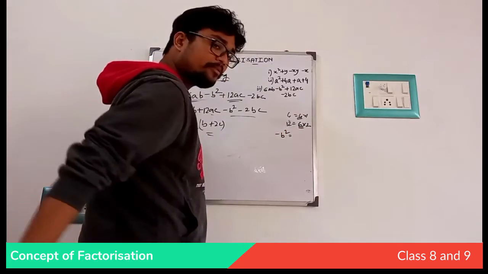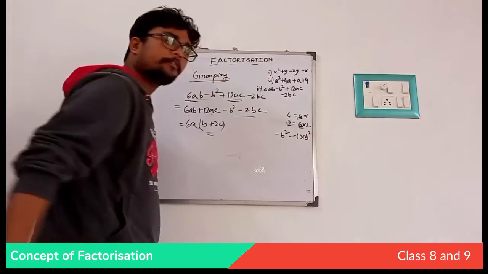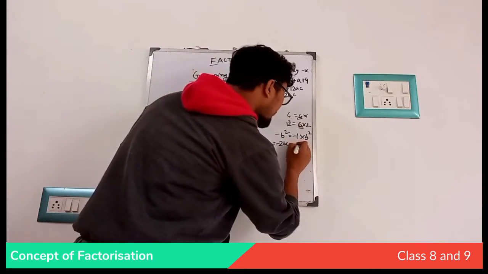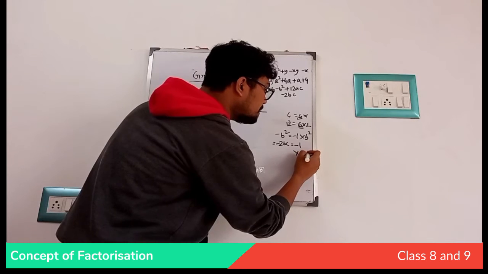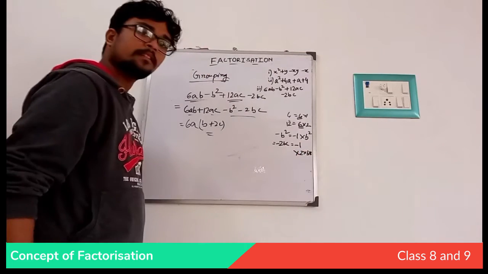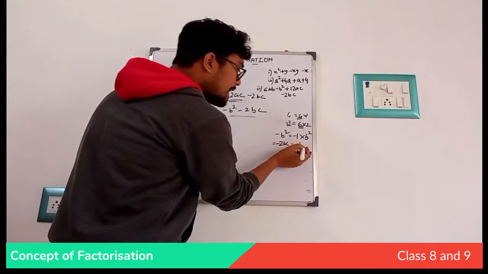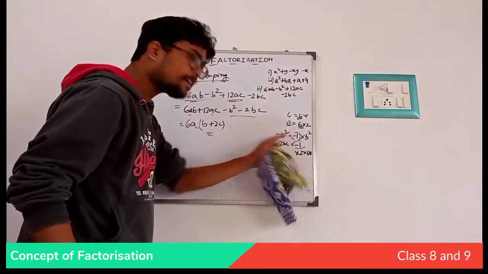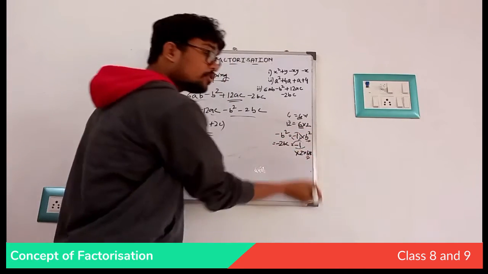Minus b square can be written as minus 1 into b square, and minus 2bc can be written as minus 1 into 2 into b into c. So here comes the common part. Listen very carefully. Here this minus 1 is actually common, and this b is actually common. 1b is present here also.